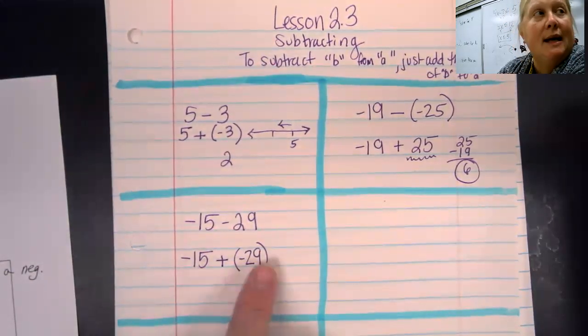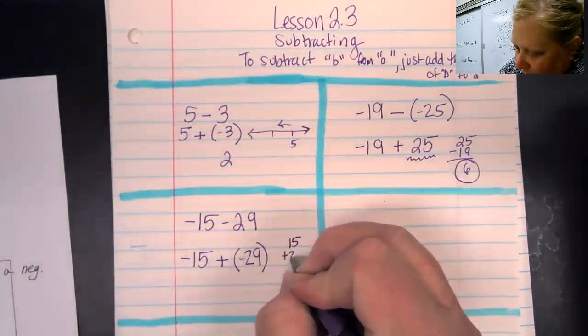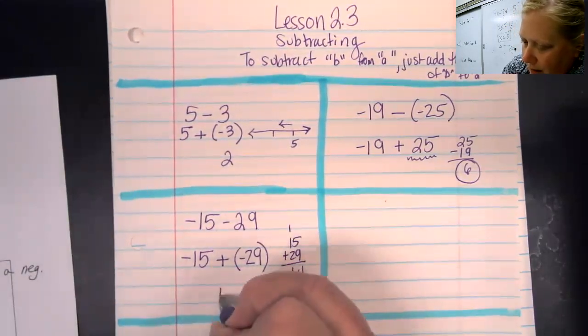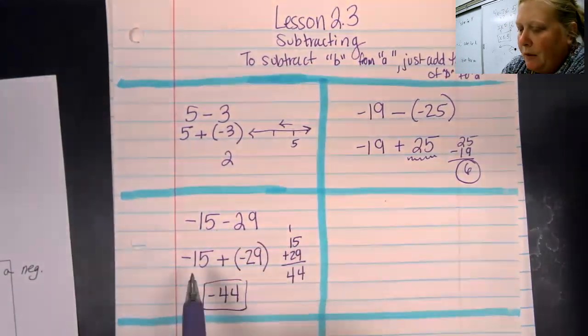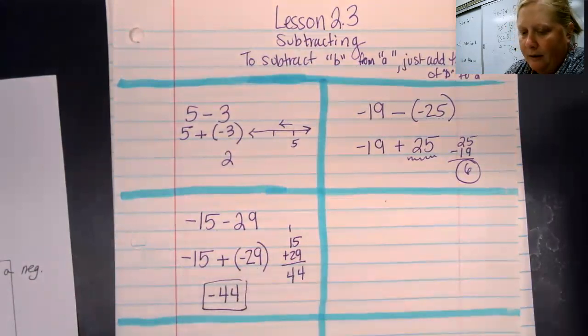If these two signs are both negative, that means I can go ahead and add them together and then just put the sign. So my answer is 44, but they're both negative. Remember I told you, you borrowed $15, then you borrowed 29 more dollars. So now you're in the hole $44.